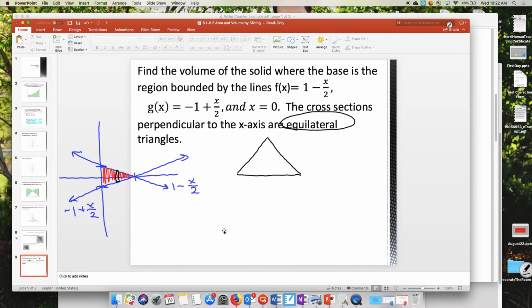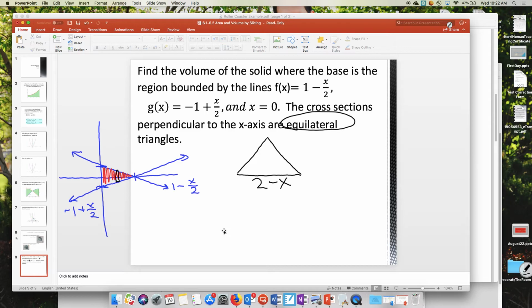Okay. So first of all, this rectangle right here, if we talk about top minus bottom, we have 1 minus x over 2, and we're subtracting negative 1 plus x over 2. All right? That is the base of whatever shape that we've been given. Okay? So if we subtract those, do you agree that we would get 2 minus x? Yeah.